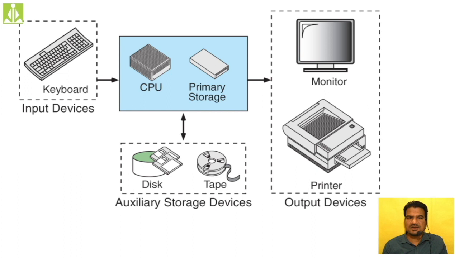Input output devices we connect through wires, or nowadays we have a wireless keyboard and wireless mouse as well. Then we have the monitor and your printer, all of which are output devices only. So output devices and input devices, we connect by some means.